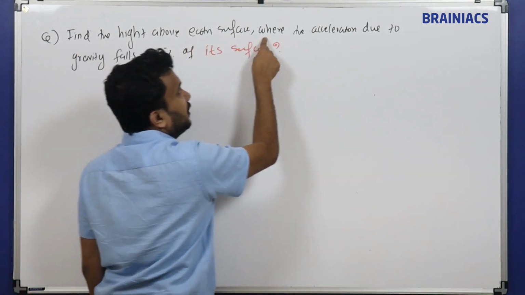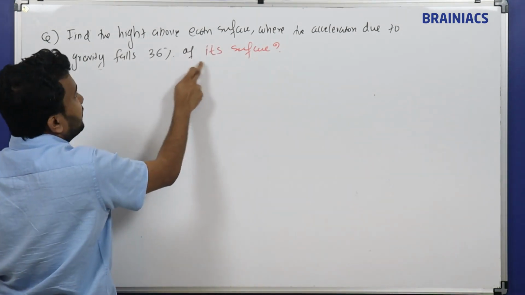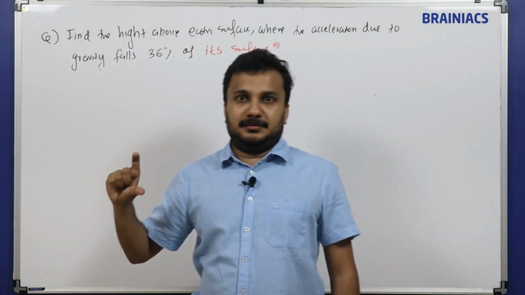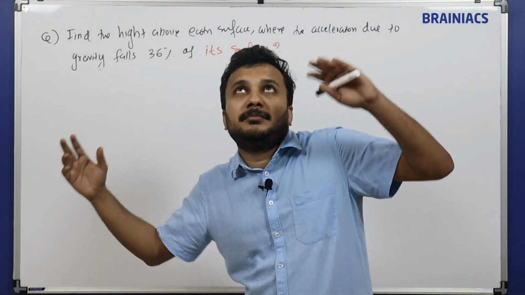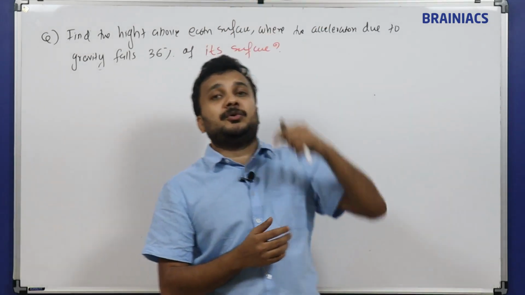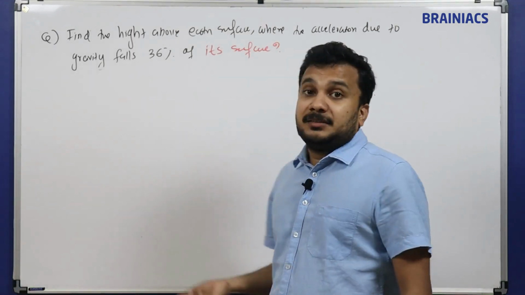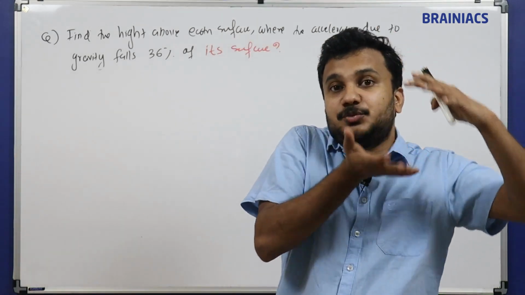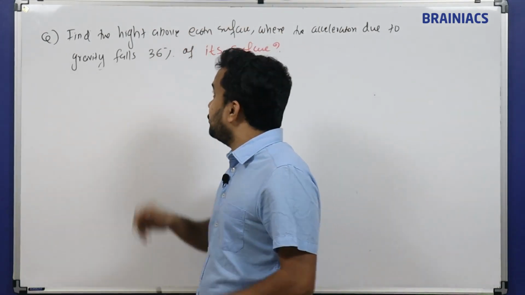Find the height above the earth's surface where the acceleration due to gravity falls to 36% of its surface value. If at the surface it is 10 meter per second square, now after some time the mass is going above, and I measure the acceleration due to gravity and get 3.6. 3.6 means it is reduced by 64%. Now 36% value remains. That's the question.